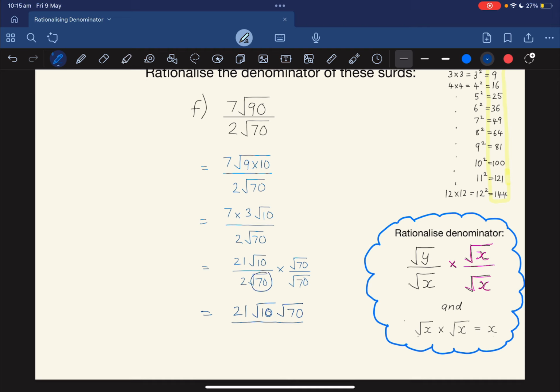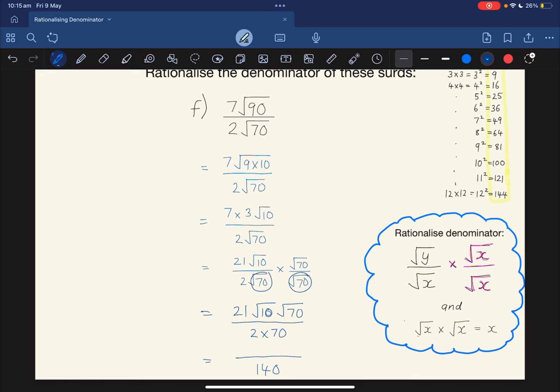Now I get to this stage and I know that timesing root 70 by root 70 is just going to be the number itself. That's what rationalizing the denominator is. So I can just cut down the number of steps slightly. On the denominator, 2 times 7 is 14. 2 times 70 is 140.